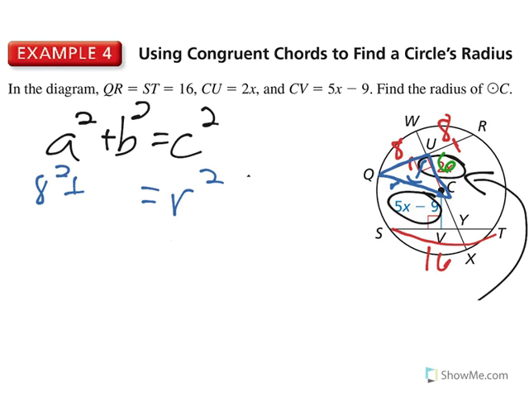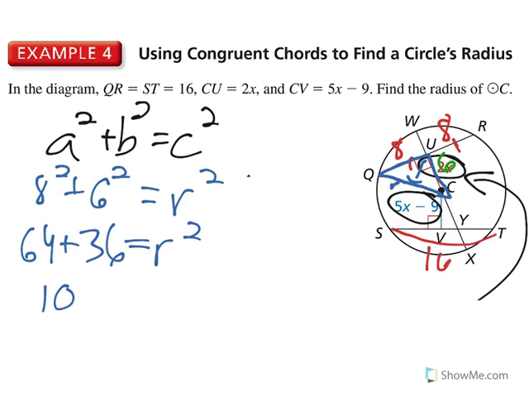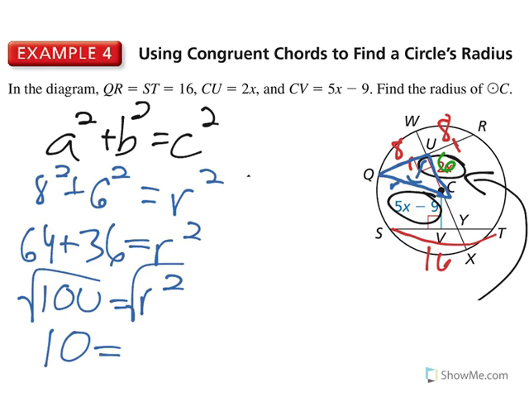So 8 squared plus 6 squared. 8 squared gives me 64. 6 squared gives me 36. I'm going to add them up, so together they make 100. And so then to get r by itself, I take the square root of both sides. The square root of 100 is 10. The square root of r squared is just r, and so that's my answer. The radius in this problem is 10.